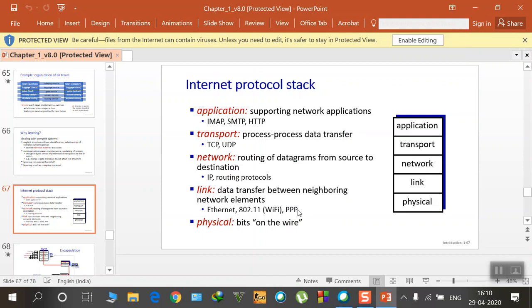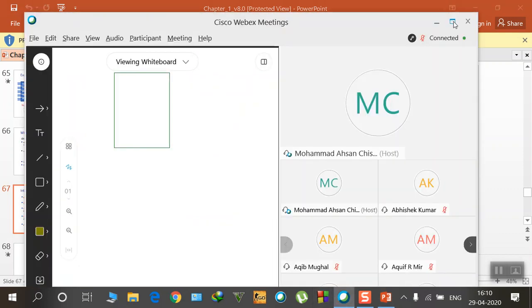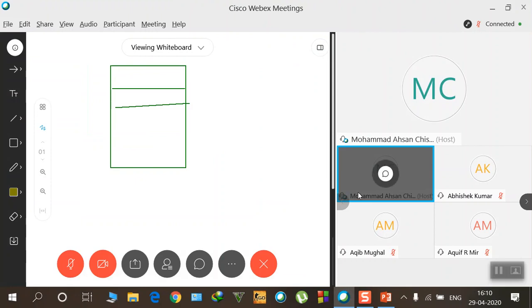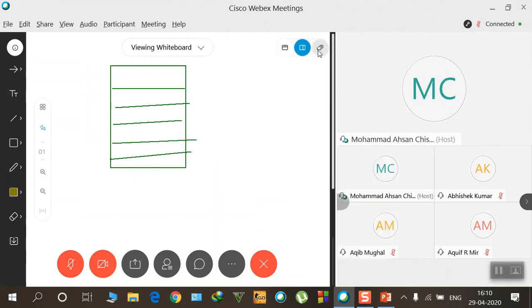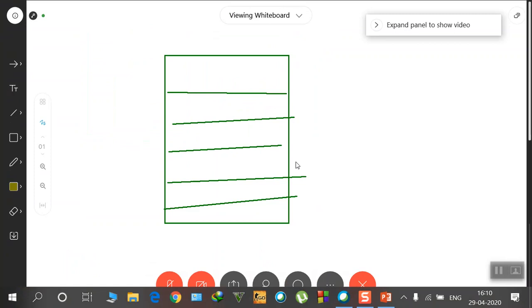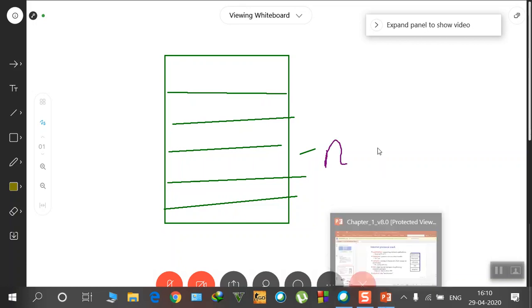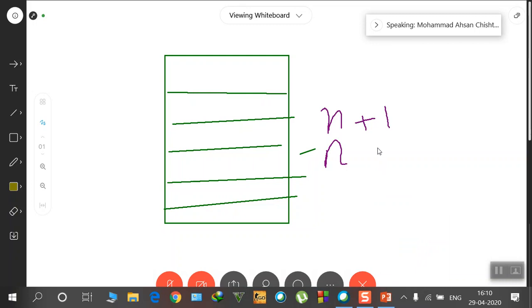Next term that we come across, I'll use the board for it. Now, since I defined this protocol as a stack, I have different layers. What layers? I'm coming to that in the next class. Now I have layer N here, next N plus 1, and below N minus 1, and so on.